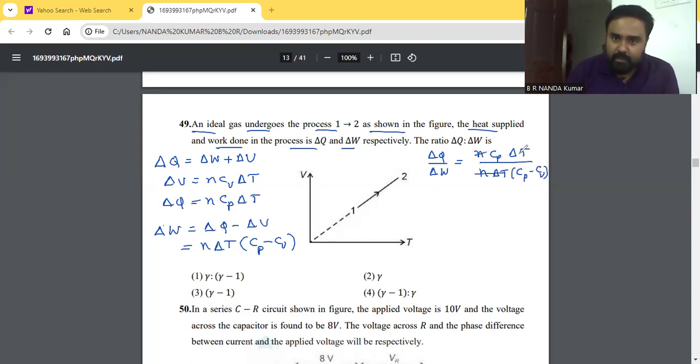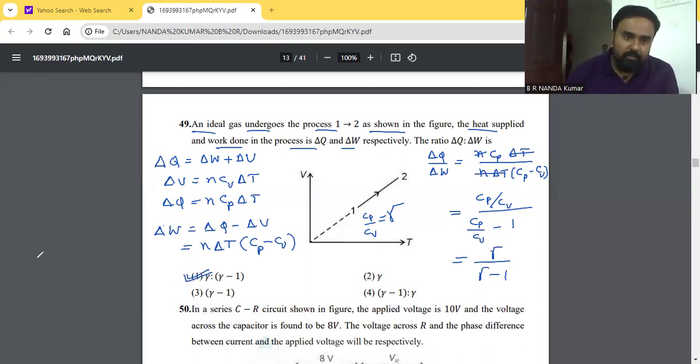So n delta T cancels. Now we have to divide by Cv on both numerator and denominator. Cp by Cv minus Cv by Cv is 1. Actually, Cp divided by Cv is the ratio of specific heat capacities, that is gamma. So it is gamma divided by gamma minus 1. The right answer is gamma divided by gamma minus 1. Option 1 is the right answer.